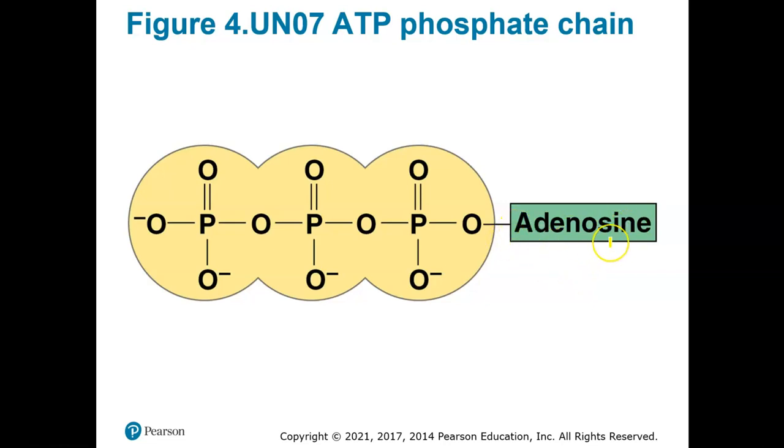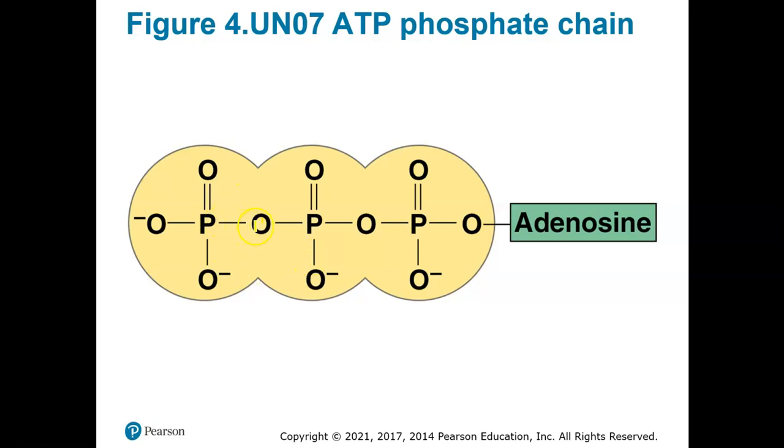Adenosine is a modified nucleotide, and nucleotides build DNA and RNA, which are nucleic acids. Nucleotides are the building blocks. So adenosine is a modified nucleotide, and it is attached to 3 phosphate groups.